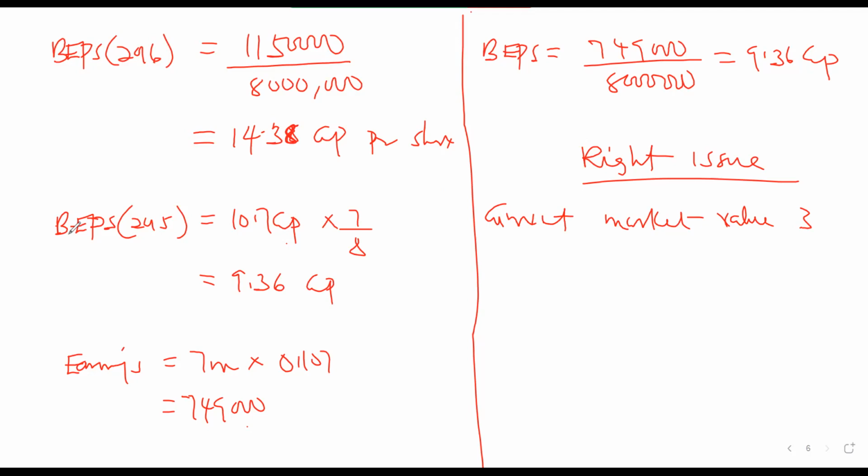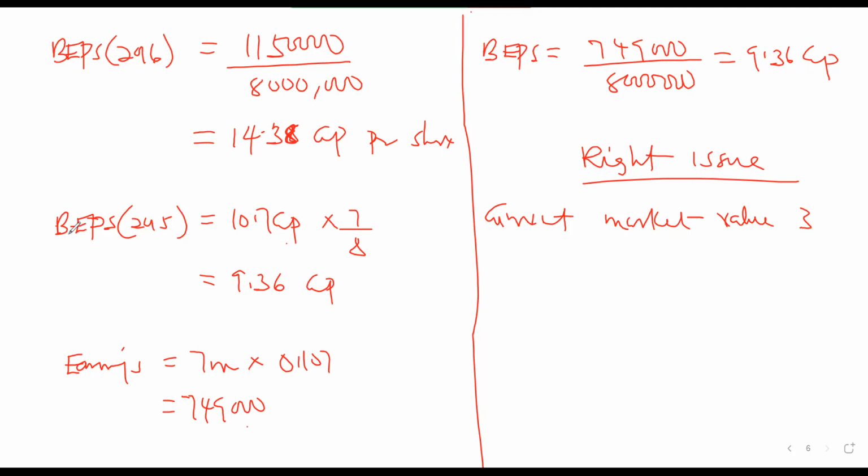The right issue is always made to the existing shareholders in proportion to their ownership. So you are motivating them to buy. So you have to give it to them at a price lower than the current market value.